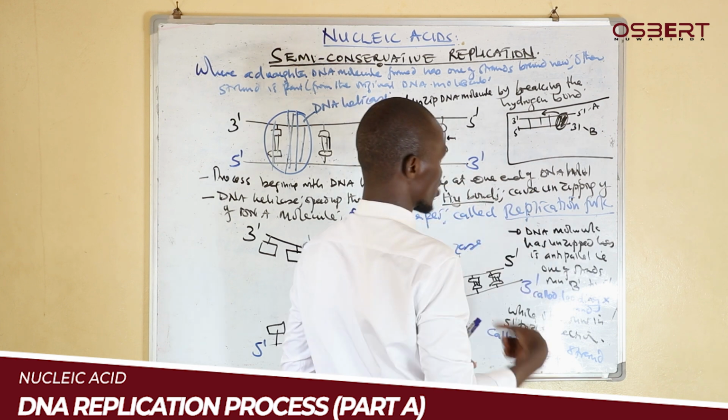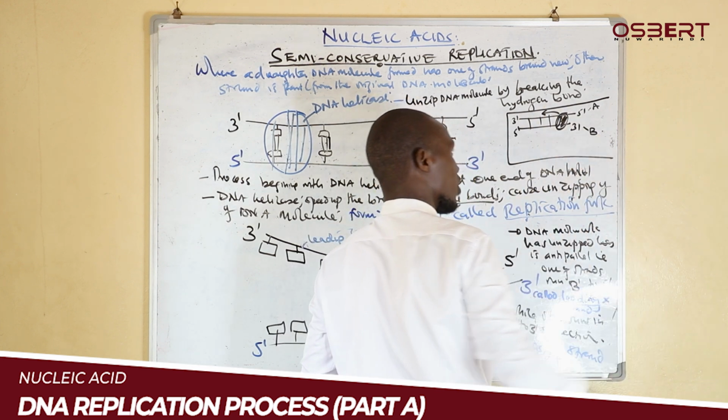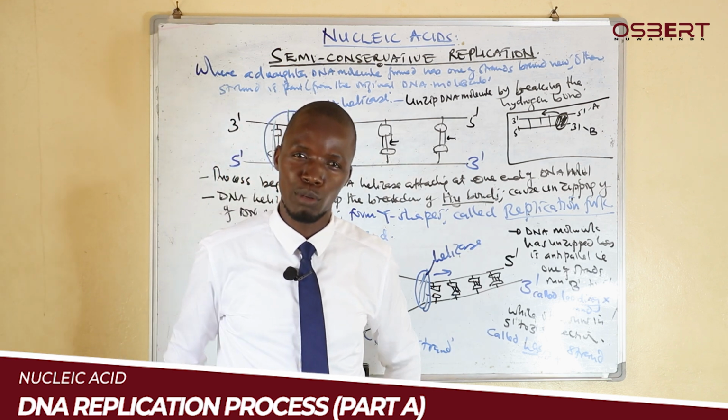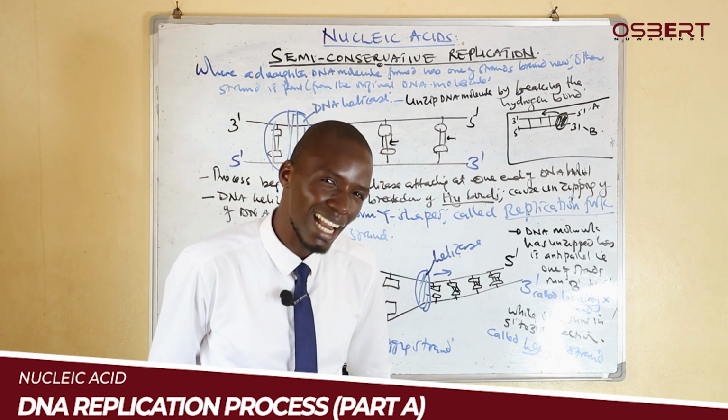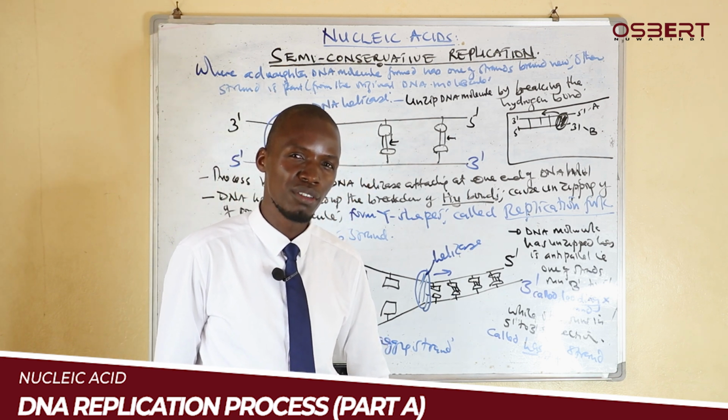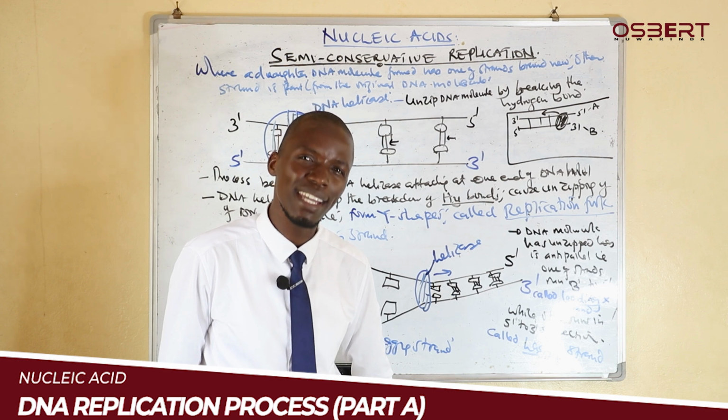I have strand A and strand B. According to you, which one is supposed to be the leading strand and which the lagging strand? Which one do you think is the leading strand? Is it strand A or strand B?